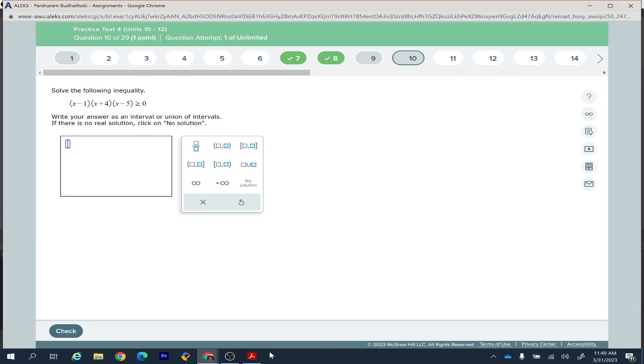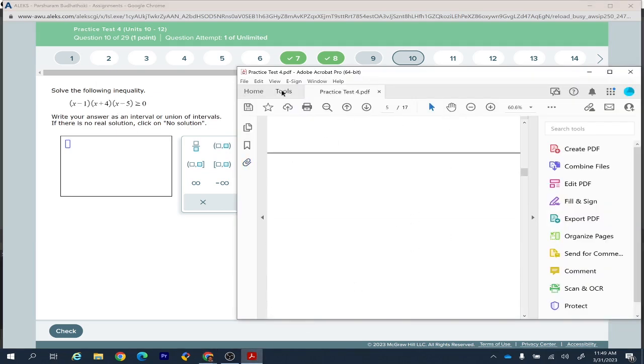Once again, this is a very similar problem to the last 2 questions, but instead of 2 factors, you have 3 factors. So if you make all these factors individually equal to 0, these are the 3 points you are going to get: x equal to 1, x equal to -4, and x equal to +5. So these are the 3 points where the expression on the left side would be 0. So instead of 3 intervals, this time you have 4 intervals: -infinity to -4, -4 to 1, 1 to 5, and 5 to infinity.